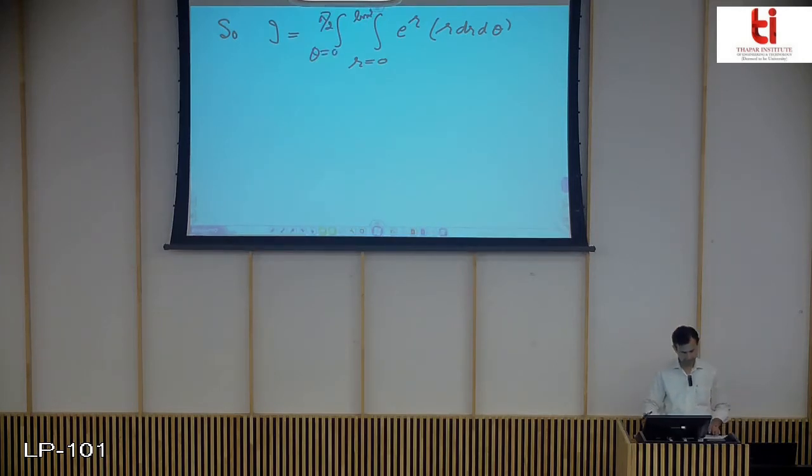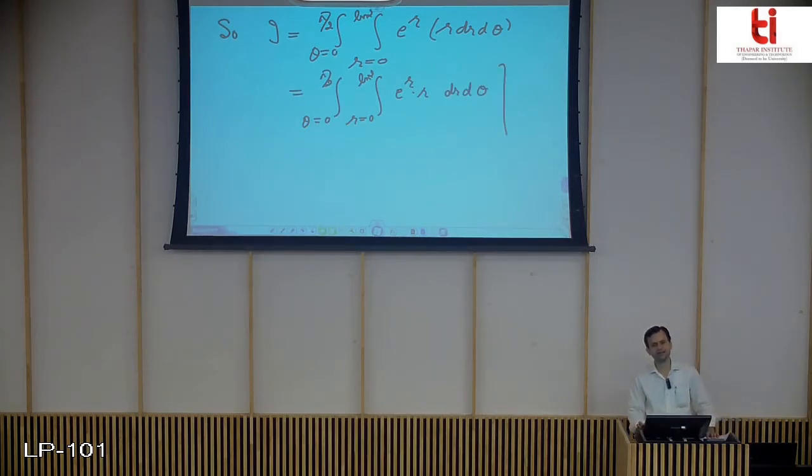So clearly this is theta 0 to pi by 2, r 0 to ln2, e to the r times r dr d theta.